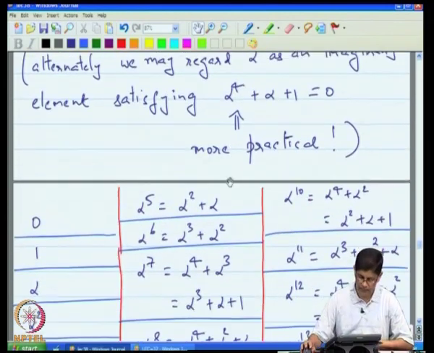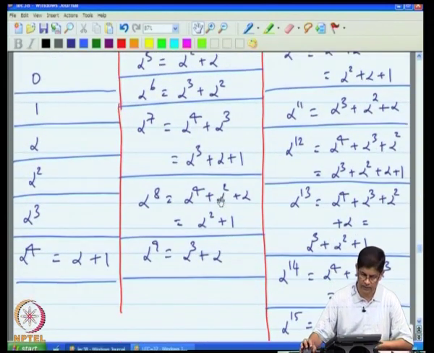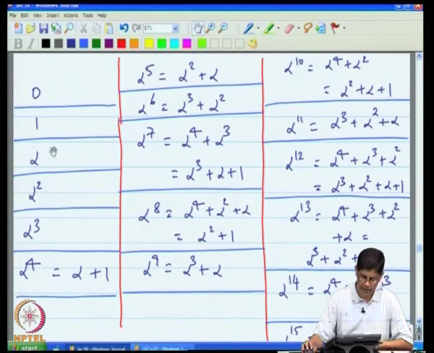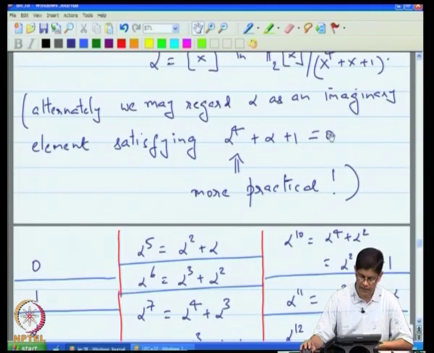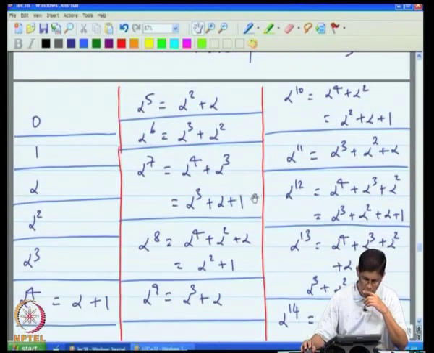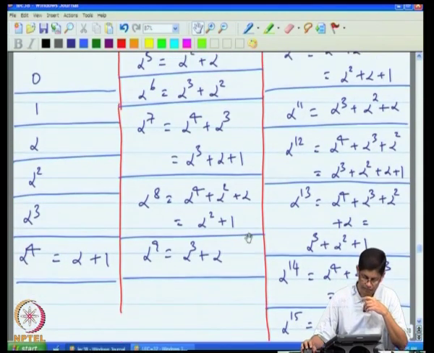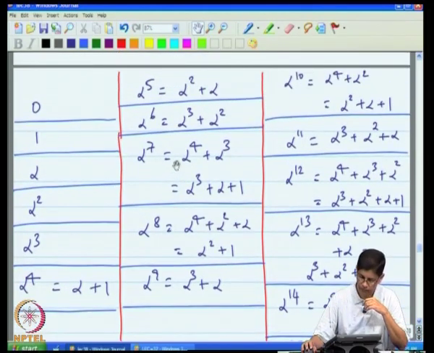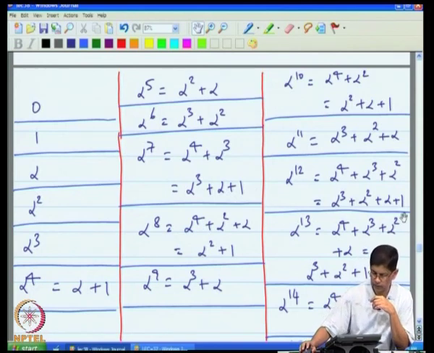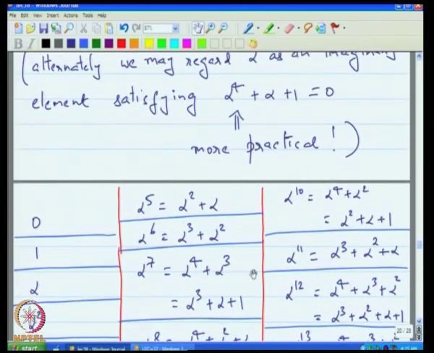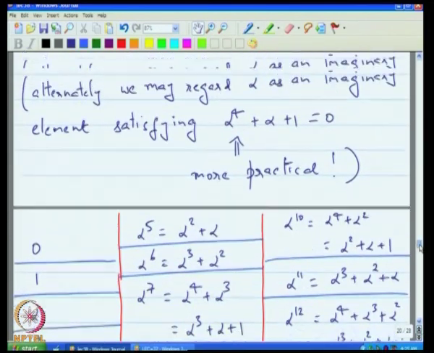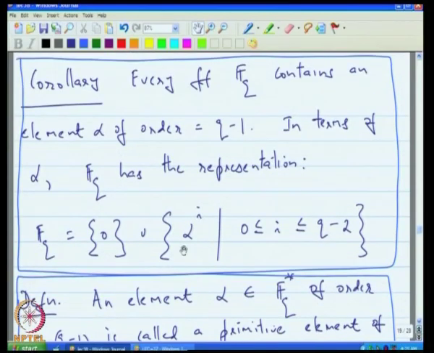This is more practical. So, here again is an example calculation. As you take the various powers of alpha, making use of this relationship, you find that you get all the distinct elements in the finite field, and not only that, you recover them under two representations. One representation is the one in which the non-zero elements are powers of alpha, which is this.